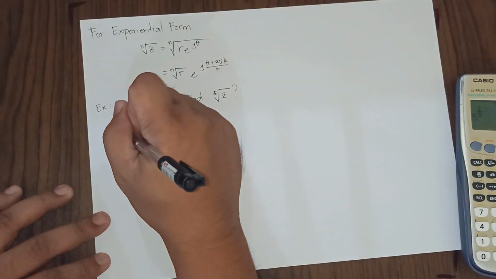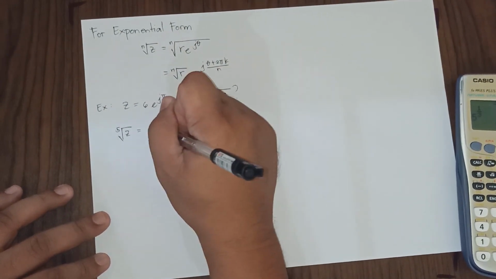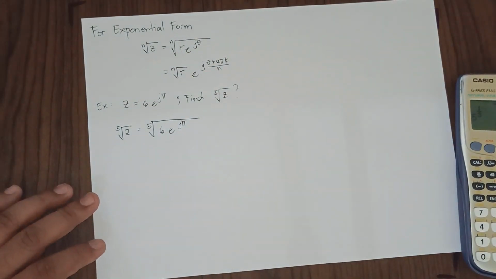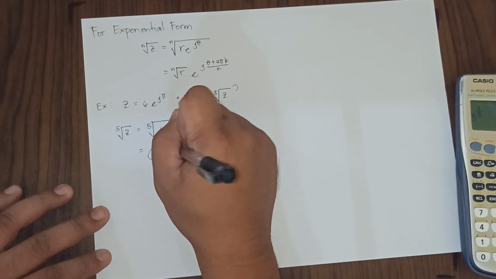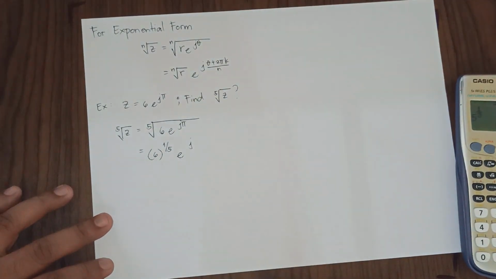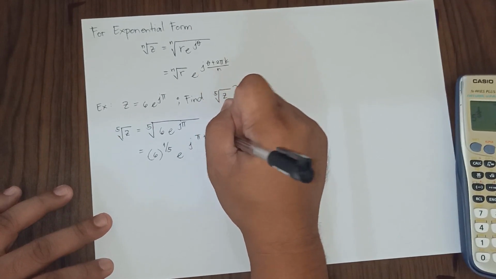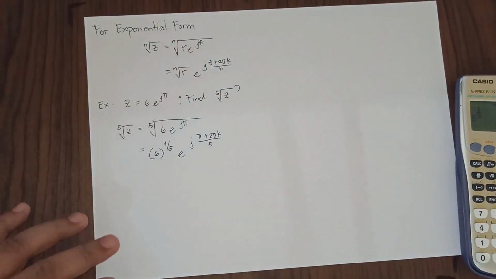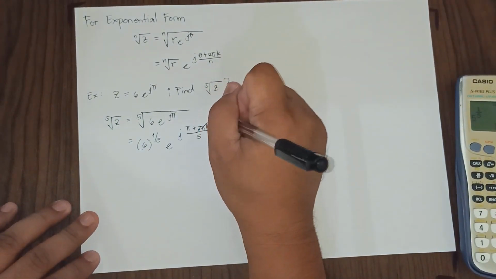So the fifth root of z is equal to the fifth root of 6 e raised to j pi, that is just equal to 6 raised to 1/5, e raised to j of pi plus 2 pi k all over 5. Again, since the examiner did not give a k value, it is automatically 0.